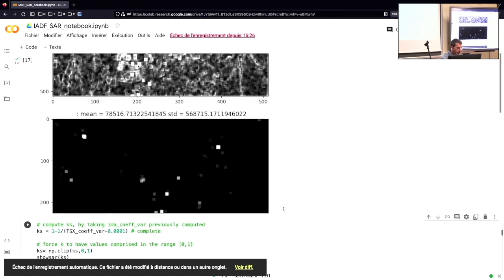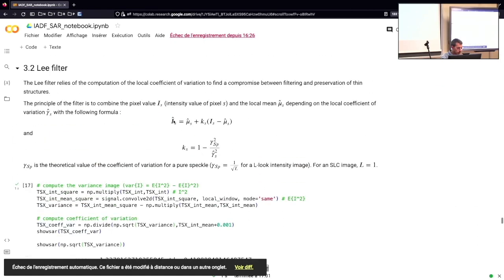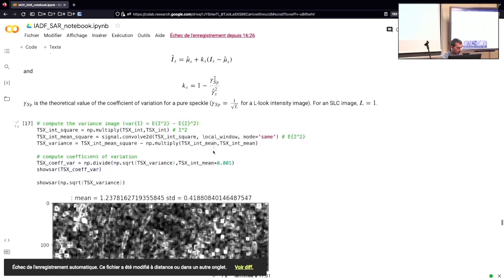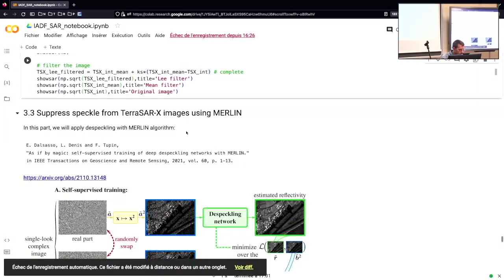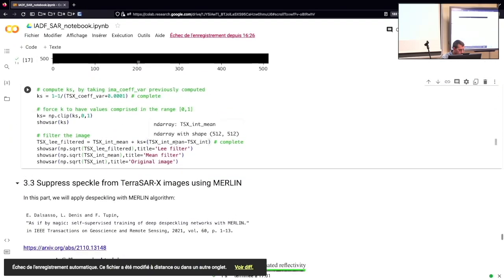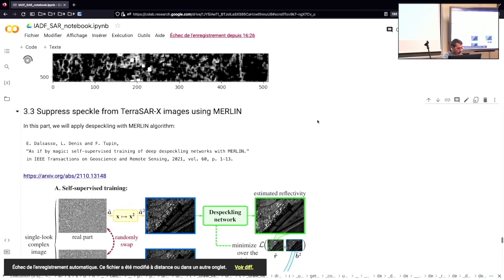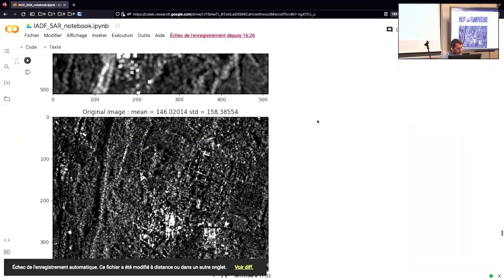Okay, and then we have that the filtered image is going to be the average image, so the multi-looked image, plus K times intensity minus the mean. Intensity minus the multi-looked image. And this is what we get.